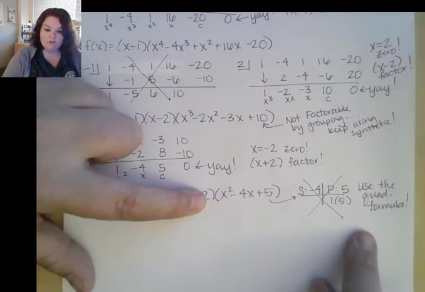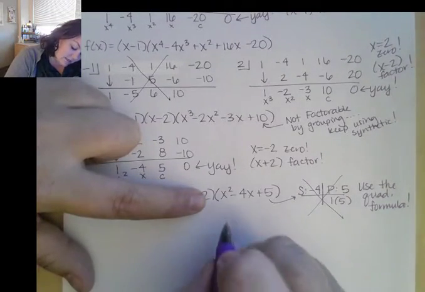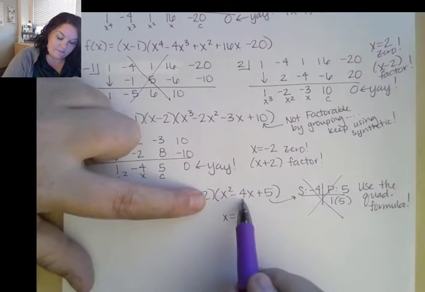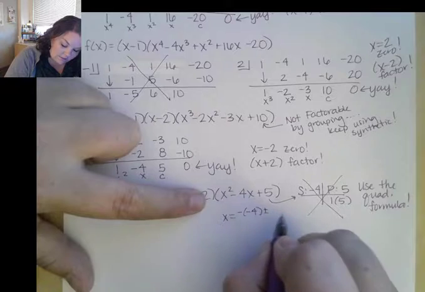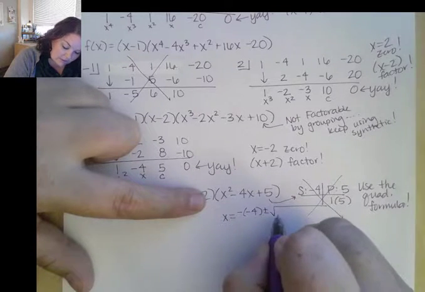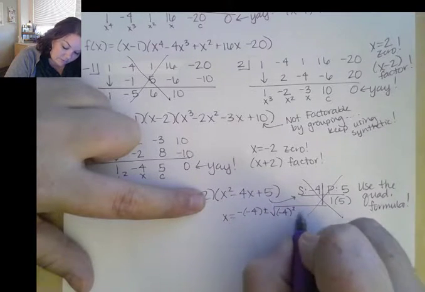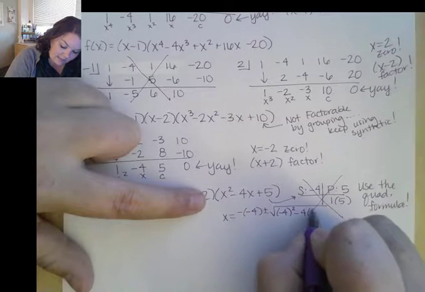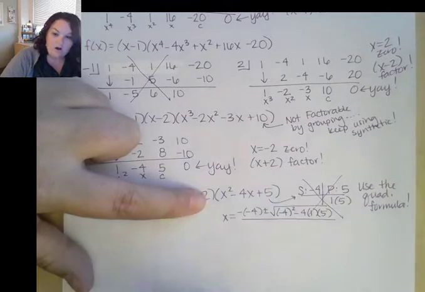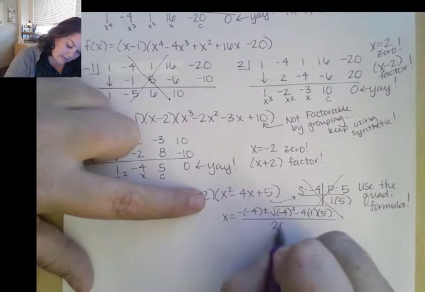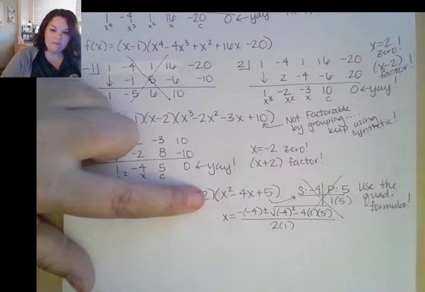Okay, so to use the quadratic formula for this, x is equal to the opposite of my b, so the opposite of -4, plus or minus the square root of my b, -4 squared, minus 4 times my a, which is 1, times my c, which is 5, all over 2 times my a, which is 1, right?